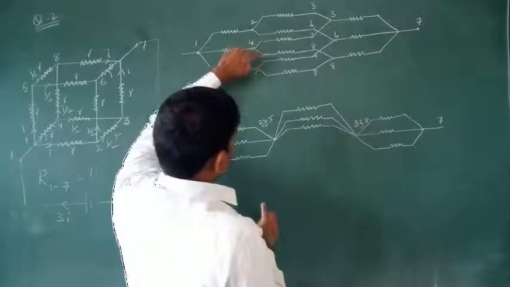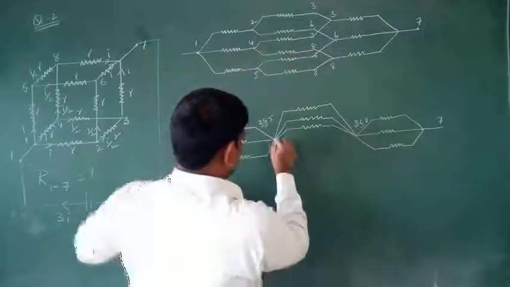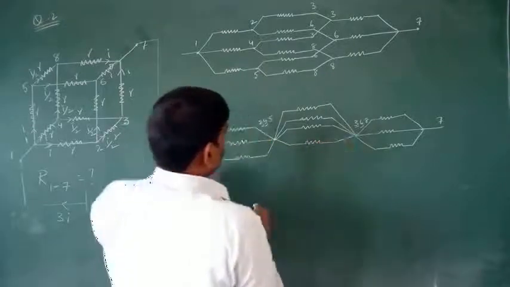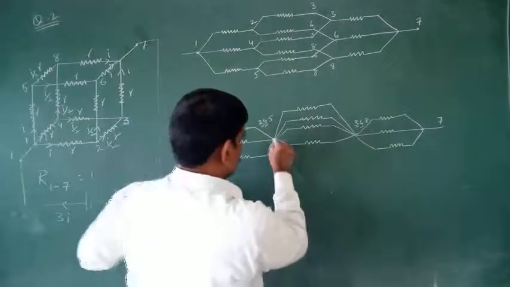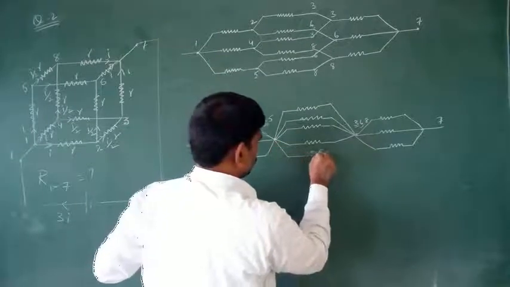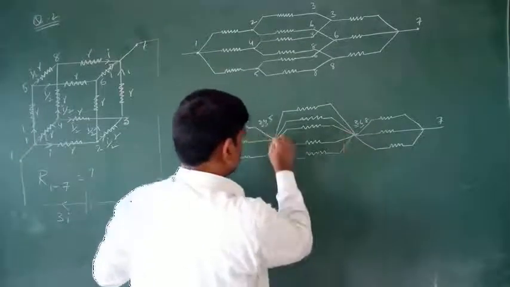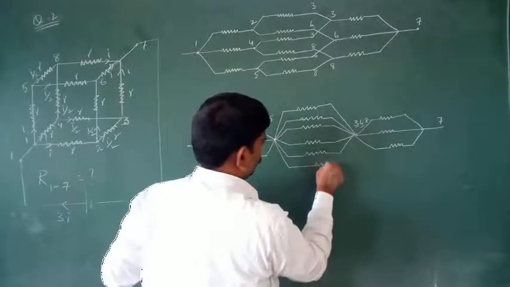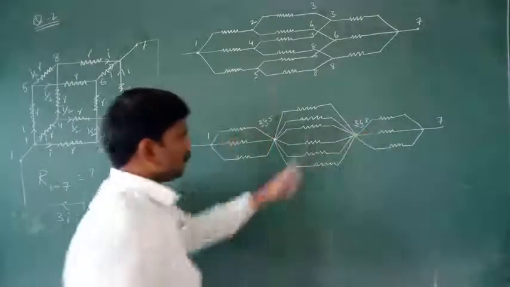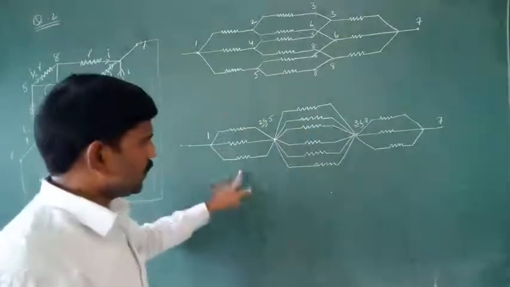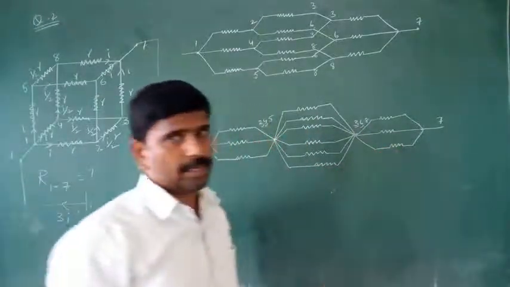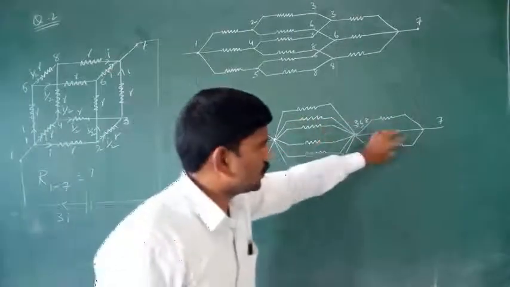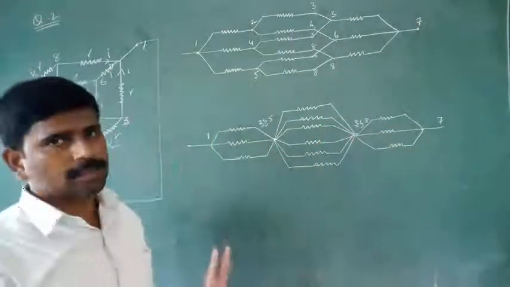Next one, 4 to 8. Again 5 to 6. Next one, 5 to 8. So here 6 resistors in the middle, 3 resistors on one side, and again 3 resistors on the other. Total 12 resistors are complete.